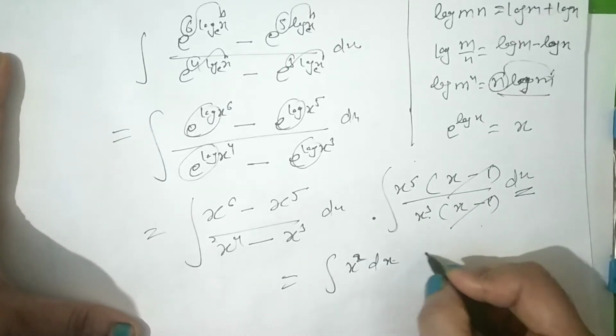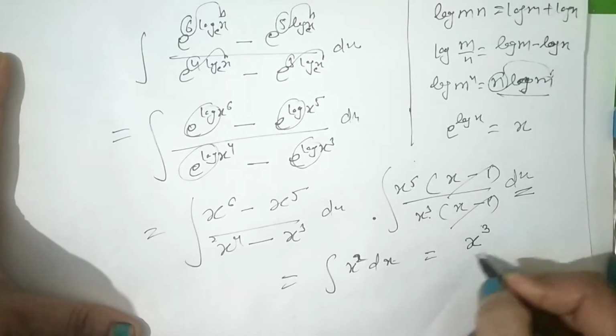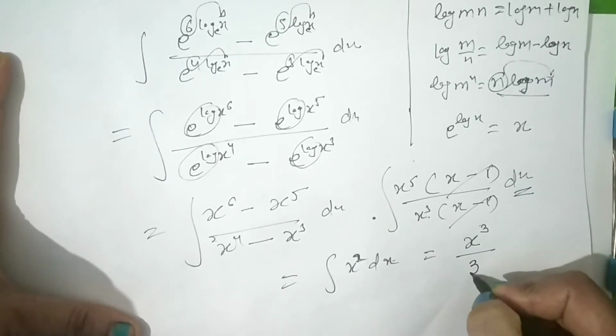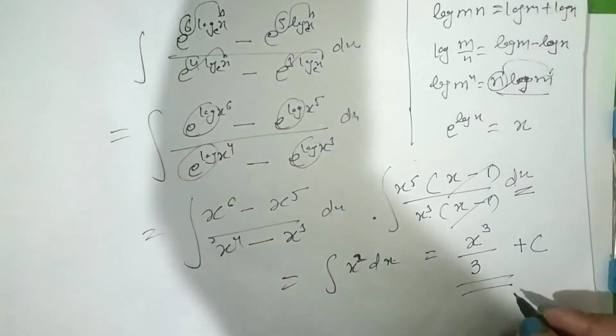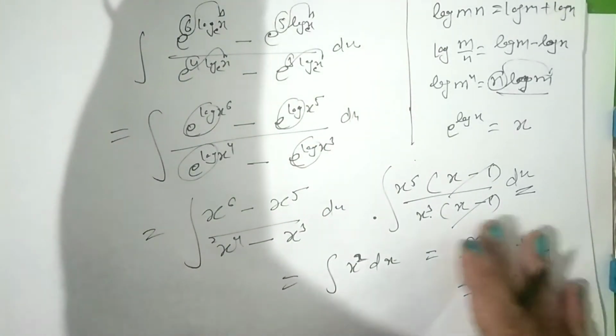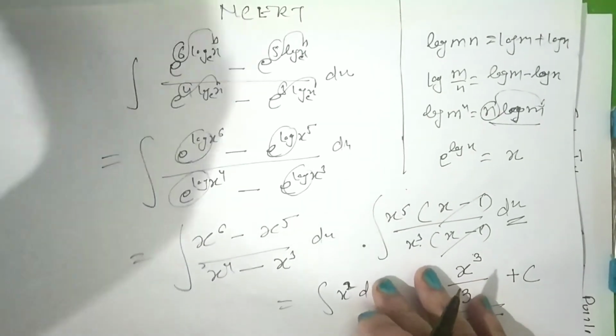So the integration of x square, the power rule says that we have to increase the power and divide by the increased power, plus constant of integration. This was yet another question from NCERT, and now we will see one more.